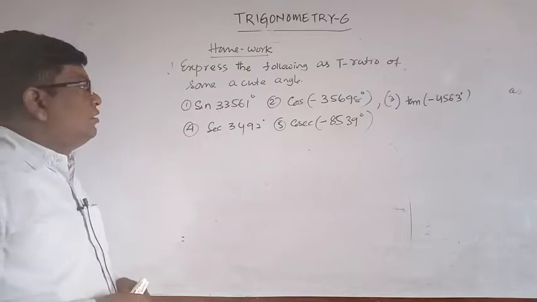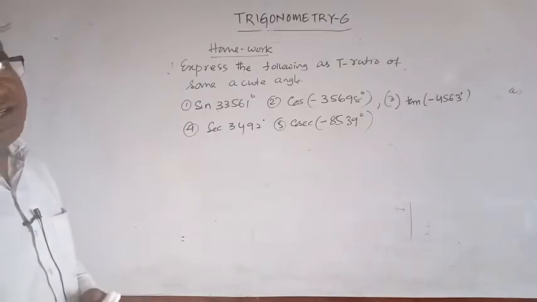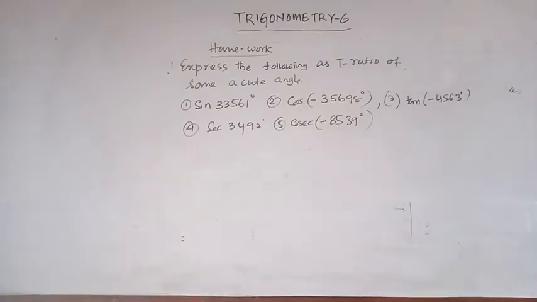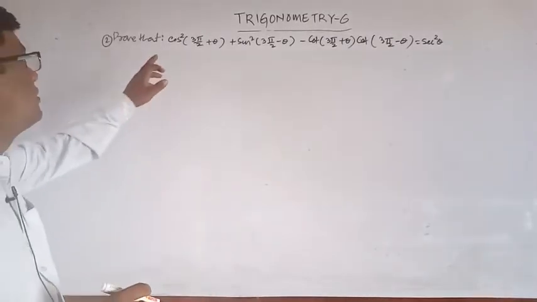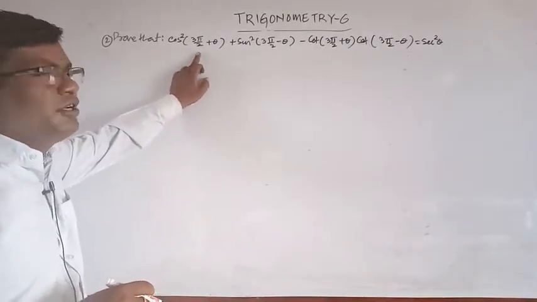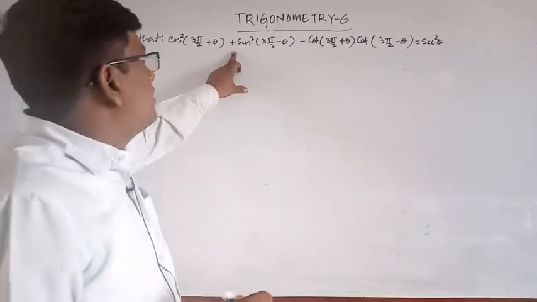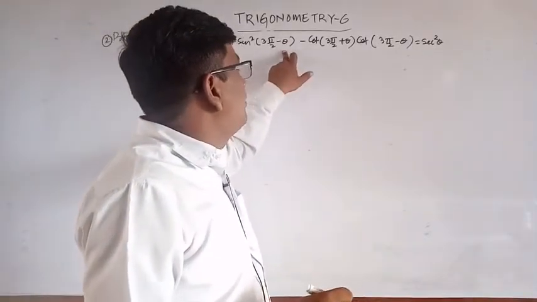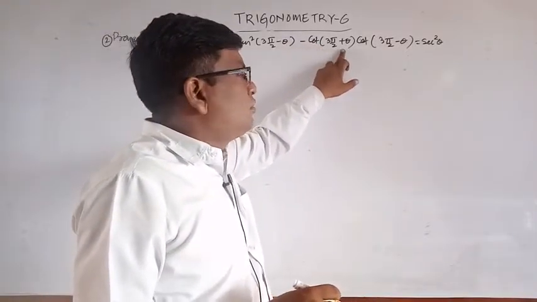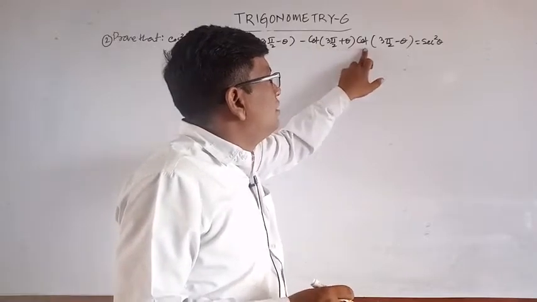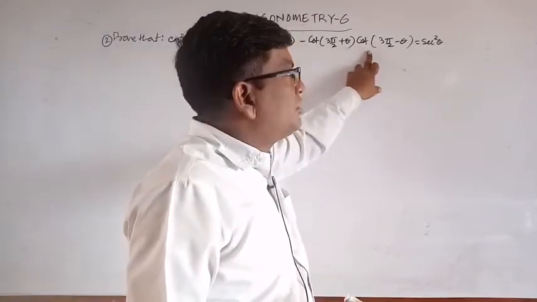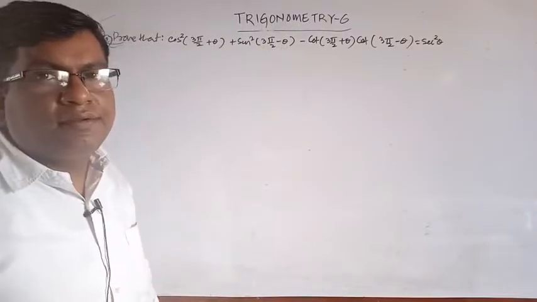Now, some questions from test material. Now, prove that cos square 3 pi by 2 plus theta plus sin square 3 pi by 2 minus theta minus cot 3 pi by 2 plus theta into cot 3 pi by 2 minus theta is equal to sec square theta. Okay.